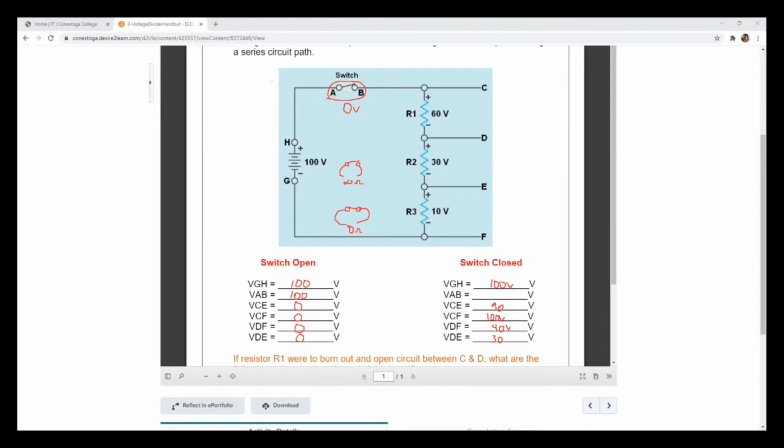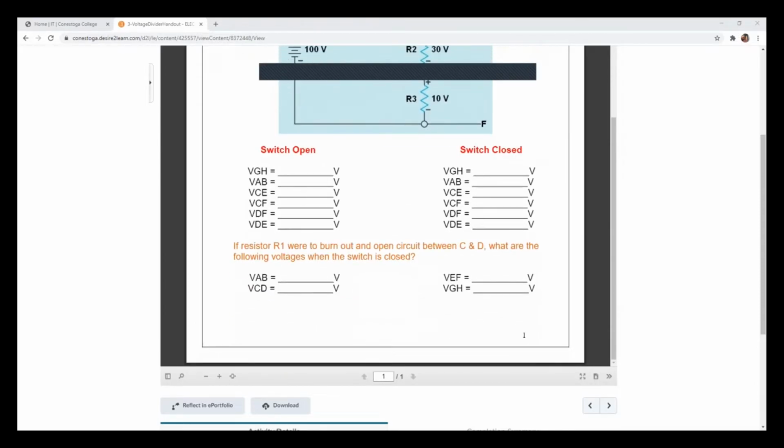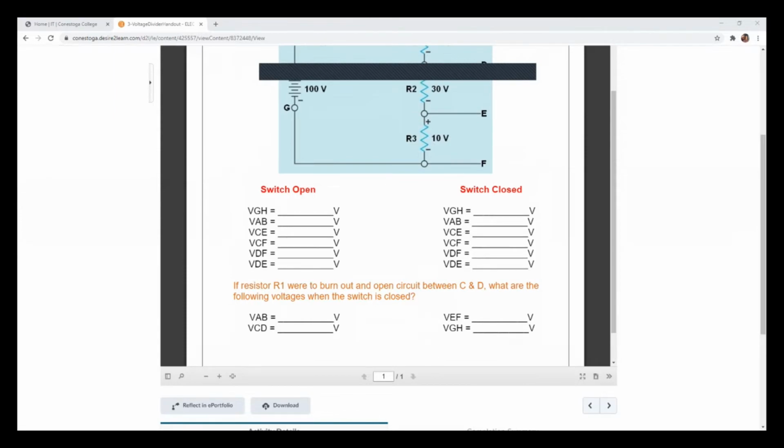The last portion of this question, which is right at the end, I'm going to leave completely up to you, because if I do it, what's the point, right?